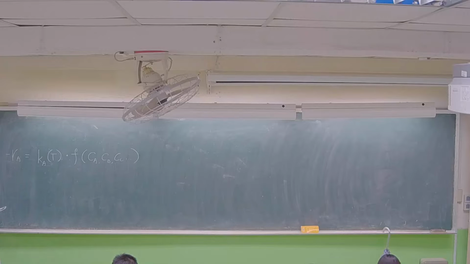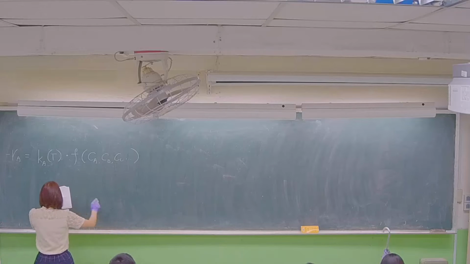Okay, so let's go to the next slide. There are several points. The first one, dependence of the reaction rate on concentration of the species is determined by experimental observation.